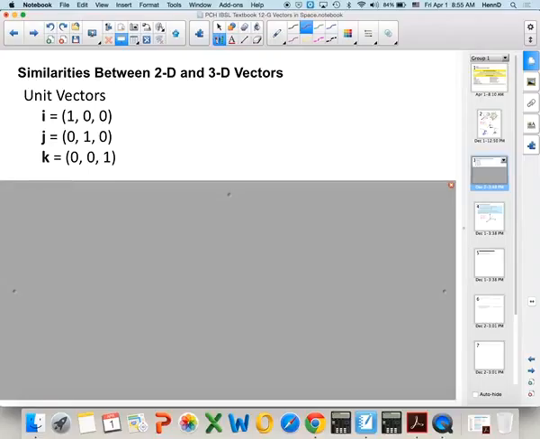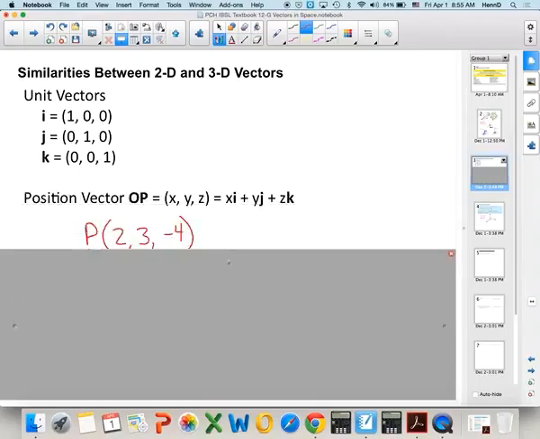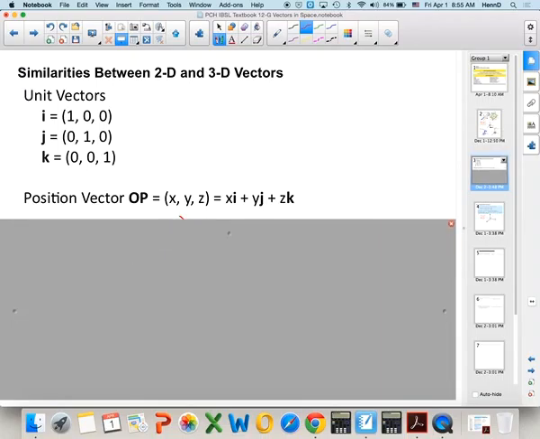So if I'm trying to write a vector in unit vector form, I can use the parentheses like we've done before. I can also use the angled brackets like this.